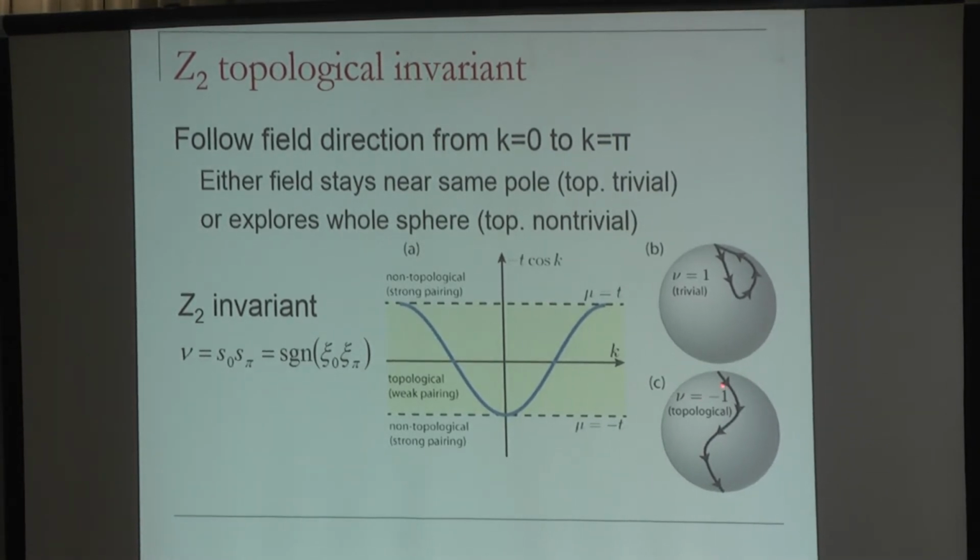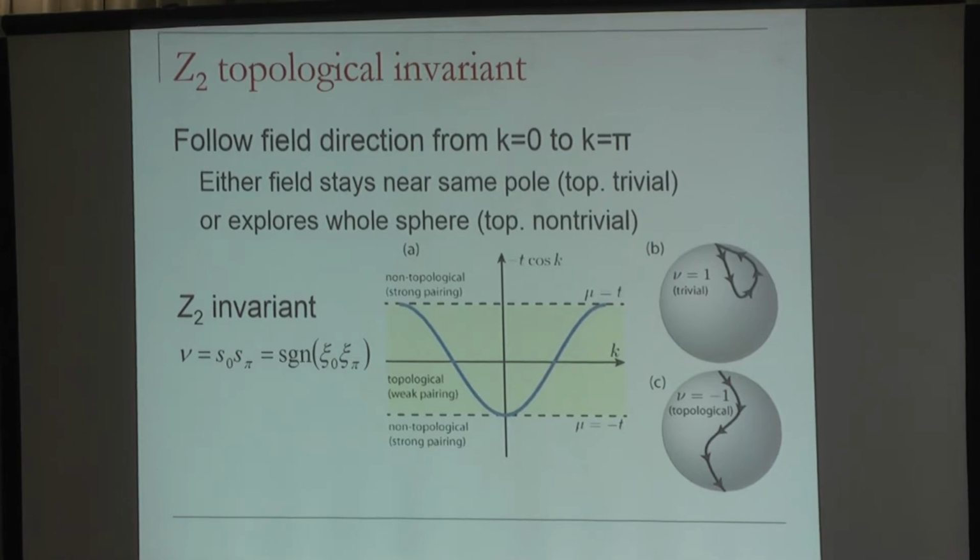But if nu is equal to -1, we really are forced to do a winding. Basically, we have to go from North to South Pole and thereby explore the whole sphere. And that's a typical winding number. You have to go from here to here. How you go doesn't matter, but you have to traverse this region. Yeah? And so there is this C2 invariant, which is just the product of these two numbers.